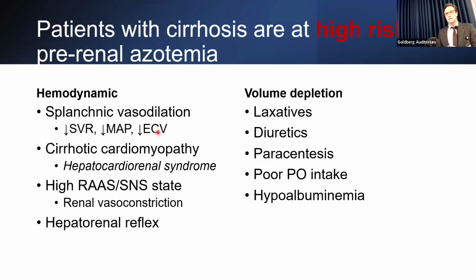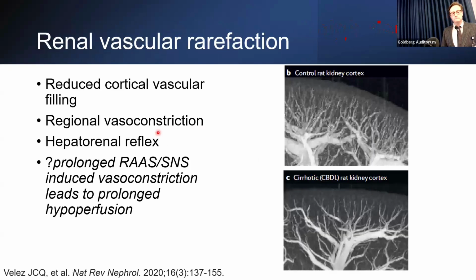They need to take laxatives to stave off hepatic encephalopathy. A lot of them are on diuretic therapy to reduce the burden of their ascites. They undergo paracentesis frequently. Hypoalbuminemia can also lead to reduced effective circulating volume, and the poor oral intake as well places these patients at very high risk of prerenal azotemia.